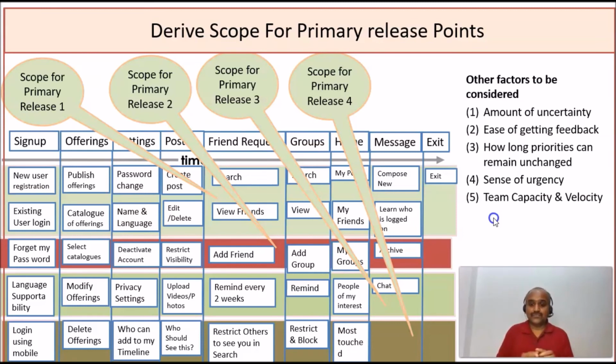Or if the ease of getting feedback is high, then I want to go for quicker releases. And if the priorities are going to be unchanged for a longer time, then I go for bigger releases, but otherwise shorter time, short releases. Similarly, the sense of urgency in terms of reaching the market. Similarly, the team capacity and velocity available at my hands. So all these factors I need to consider while deriving the scope for multiple releases.